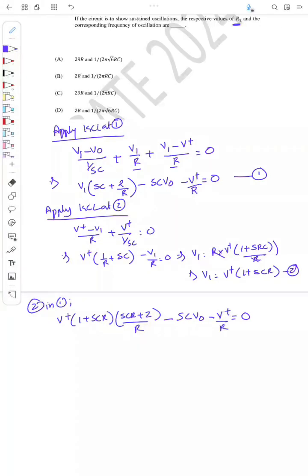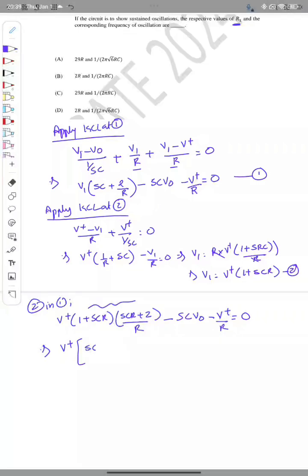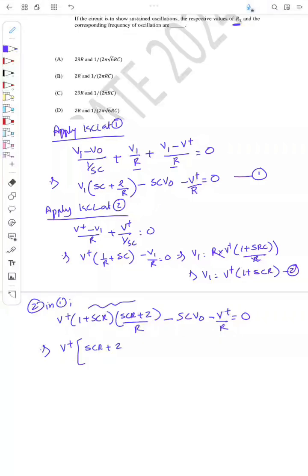Yeah. So I will again club the V plus terms. So if I expand these two terms, it will be 1 into SCR plus 1 into 2 plus S square C square R square plus 2 SCR. So this will be the term, and remaining is 1 by R minus SC into V naught. Okay, so I'll just reduce this.